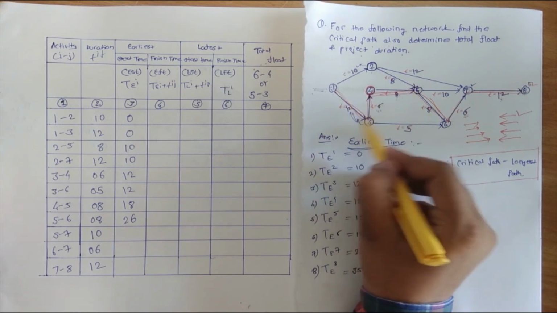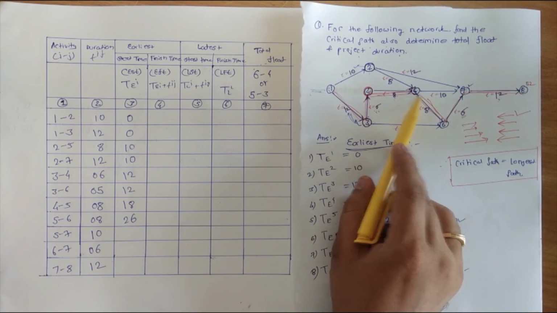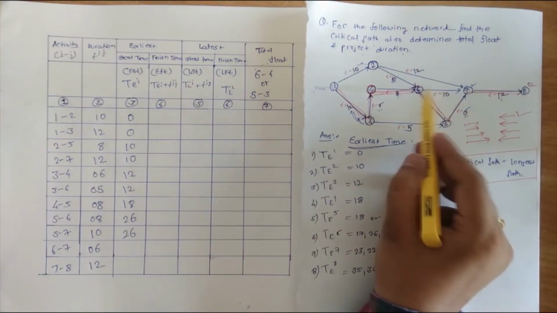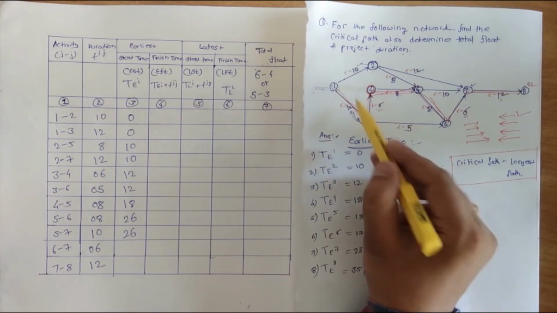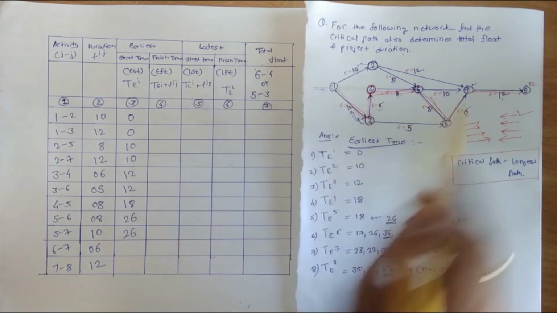By this way it is 26. Now 5 to 7 is also 26, the same path followed. It is the successor; now we need to calculate the predecessor. So it is 12 plus 6 plus 8, which is 26.